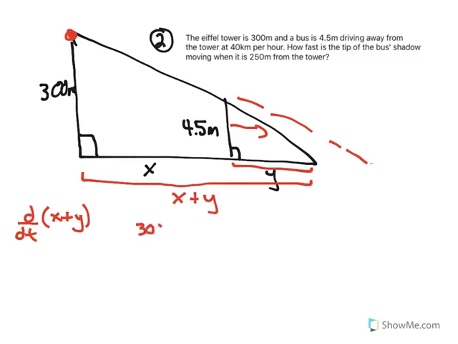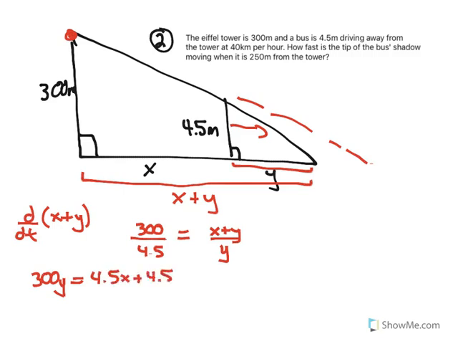I'm going to say my 300 over 4.5, comparing the heights, has to be the same ratio as the big base, so x plus y, over the small triangle base, which is just y. Labeling really helps here. If you cross multiply, we get 300y equals 4.5x plus 4.5y.